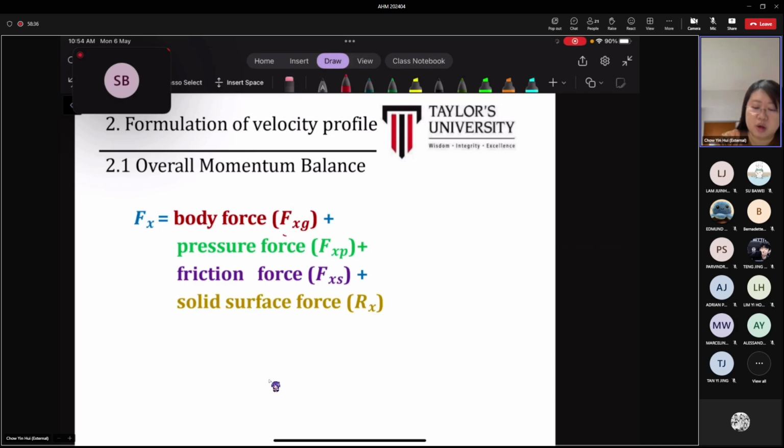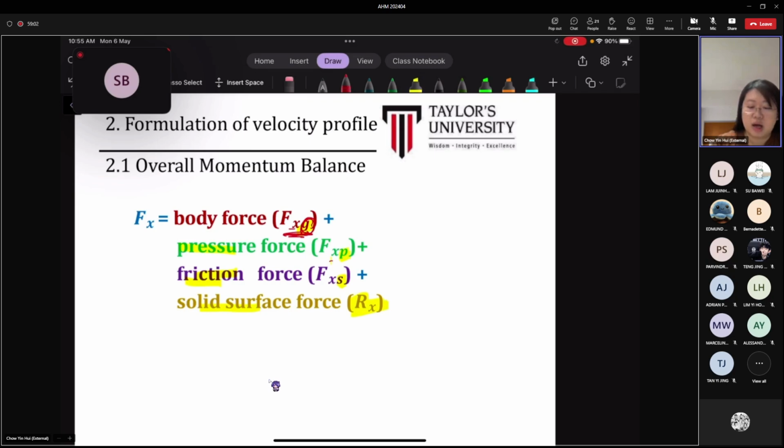The body force, denoted by the subscript G, and we have the pressure force by subscript P. This x here is just to tell us the direction of the fluid flow. And we have the friction force, or another term for it, the shear force, denoted by S, and the solid surface force by the symbol Rx.